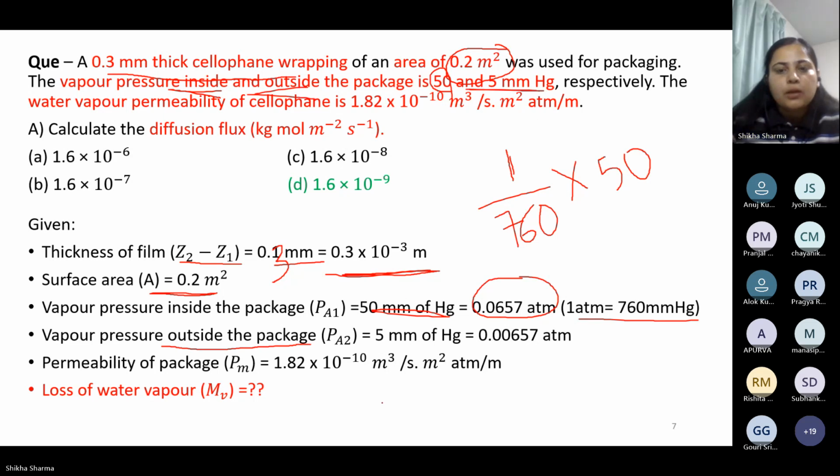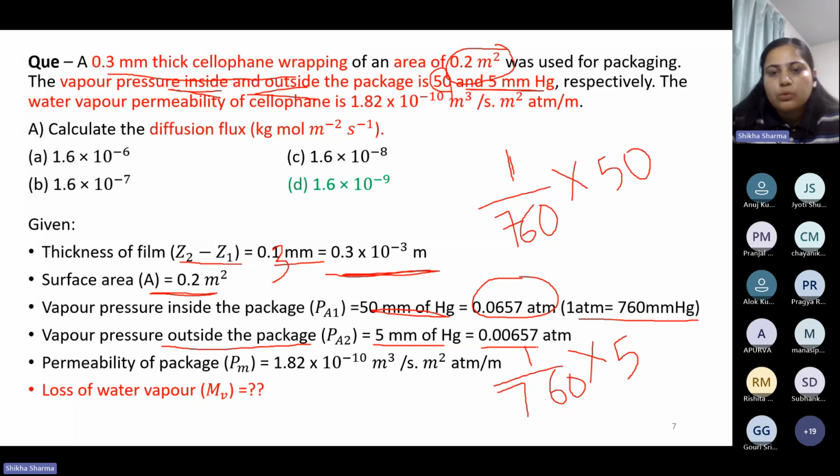Then the vapor pressure outside the packaging is given as 5 mm Hg. Similarly we can convert 5 mm of Hg into atm, which is 1 upon 760 into 5, equal to 0.00657 atm.